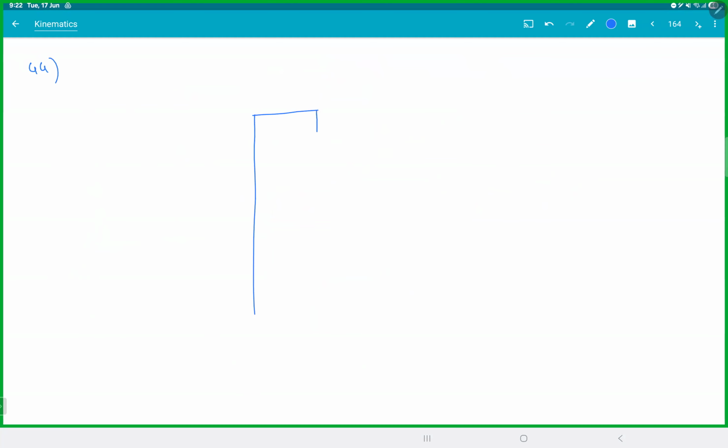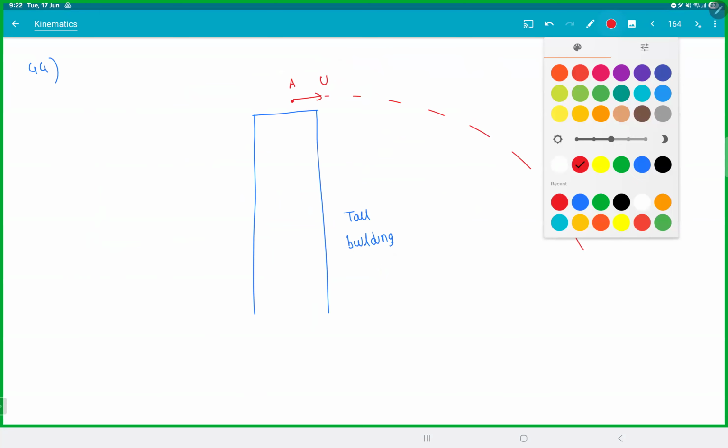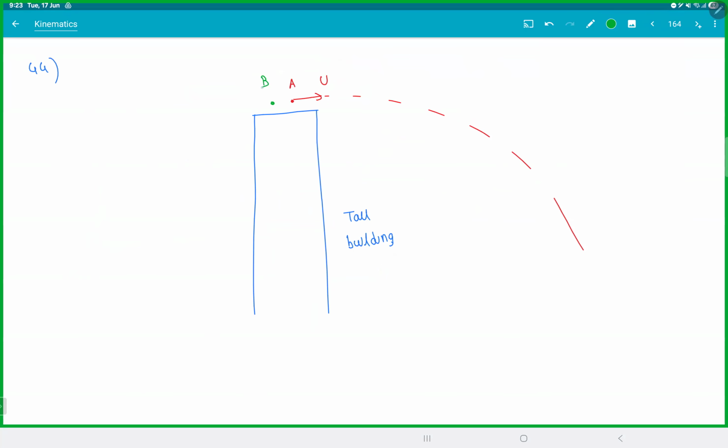We got a tall building. You projected particle A horizontally with speed u. So this thing goes off like this. You projected particle B also horizontally with 2u. It goes off like this.